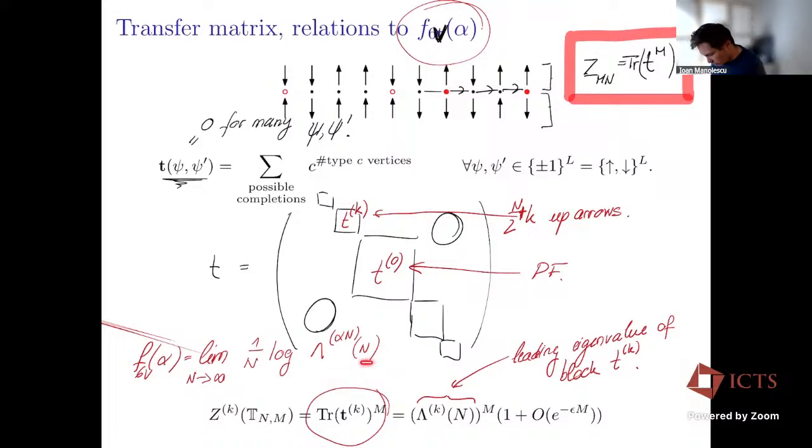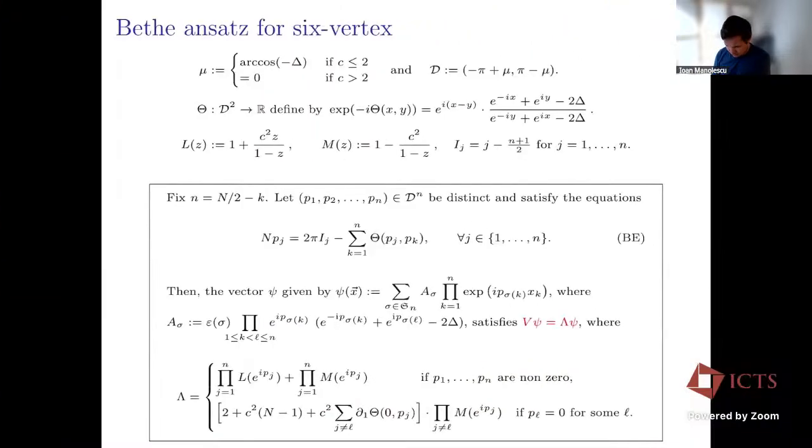So our goal is now to compute these eigenvalues. There's a way that is quite general to compute eigenvalues of matrices of a certain type. This is something I know very badly, but I learned because of these projects, which is the Bethe ansatz. I don't want to go into this computation. I'll basically tell you that the computation works, but I can show you a little bit how it looks, just so that you see it once.